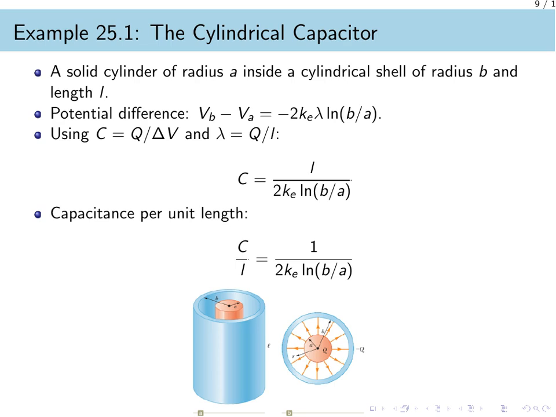The potential difference is proportional to the natural log of the ratio of the radii, B over A. By applying the definition of capacitance and using the linear charge density lambda, we find that the total capacitance is the length L divided by 2 Ke times the natural log of B over A. We often express this as capacitance per unit length.